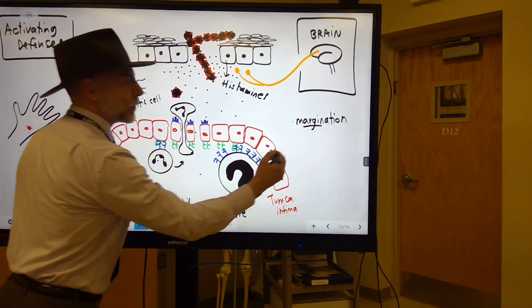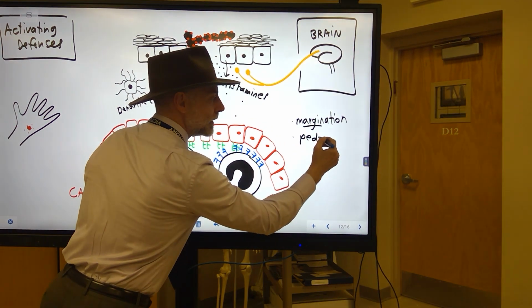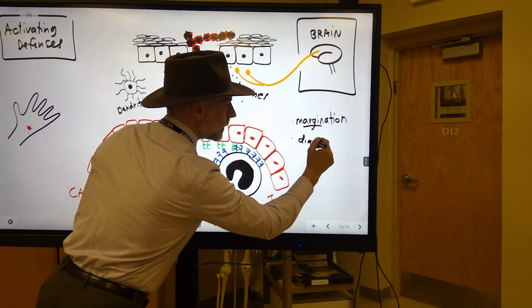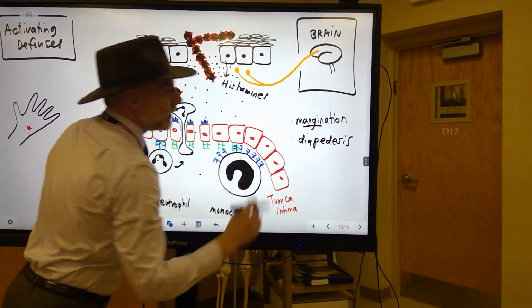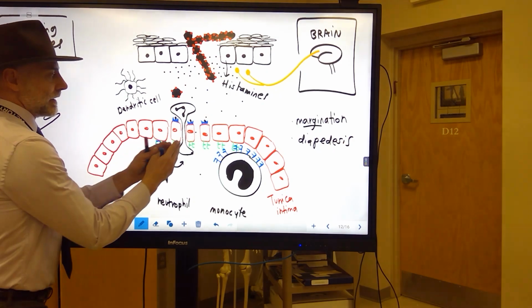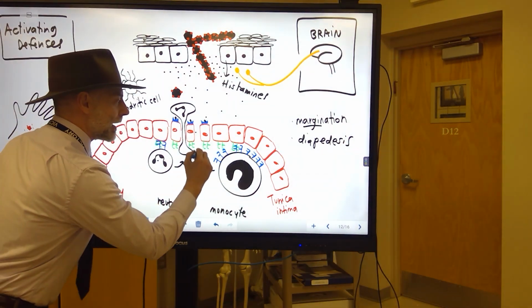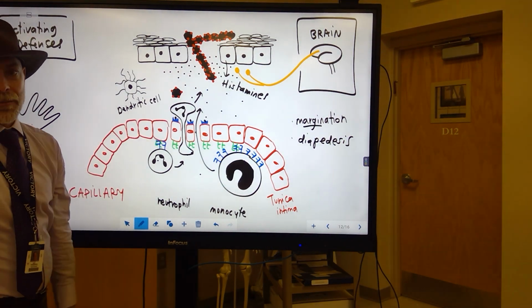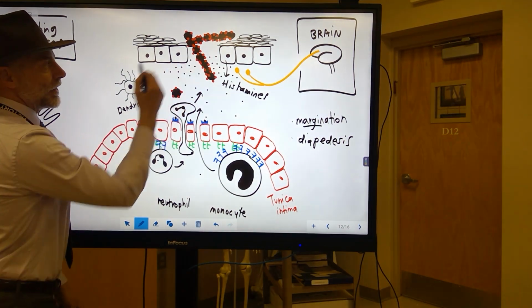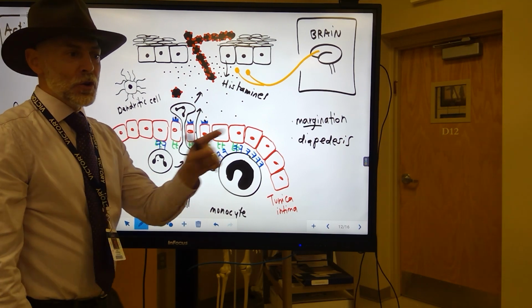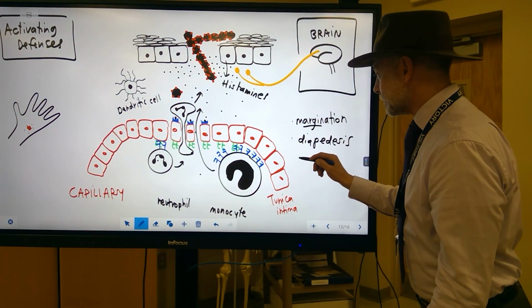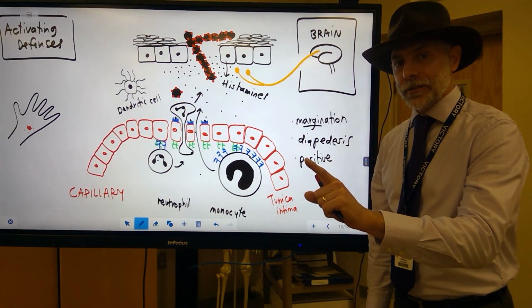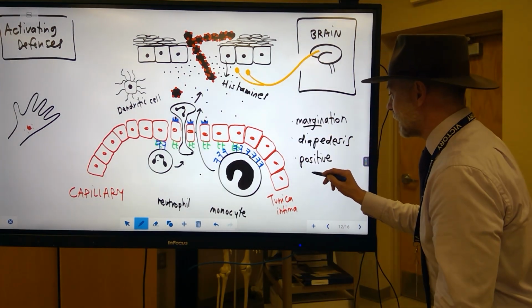We call this process where they wiggle out of the capillary diapedesis. And the monocytes are going to do it too. And then they start traveling towards the bacterial infection, towards the concentration of histamines. And the movement towards the histamines is called positive. Positive means you're moving towards.